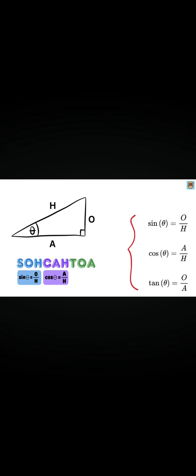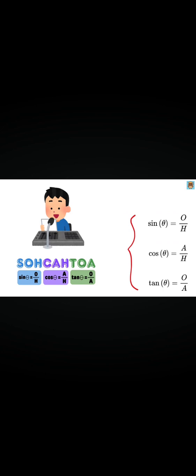To, Ah stands for the tan of theta, which is equal to the opposite side, or O, over the adjacent side, or A. Say it out loud a few times, and it'll stick in your head forever.